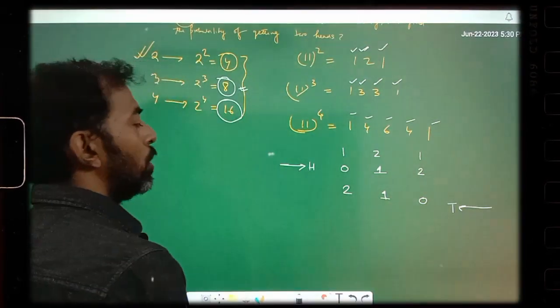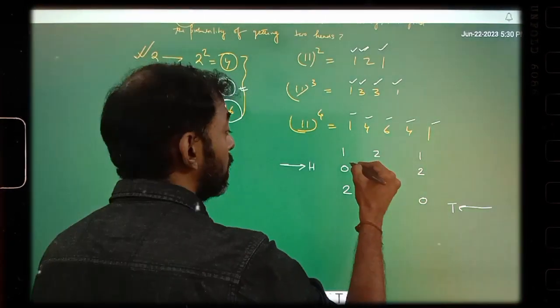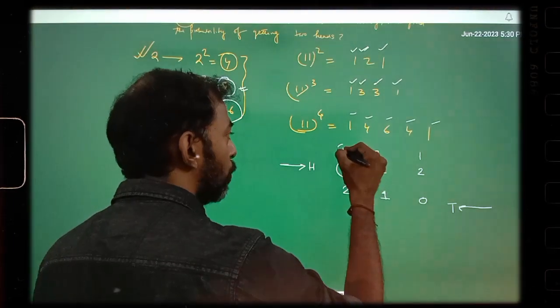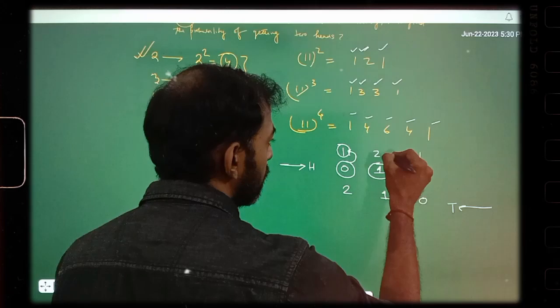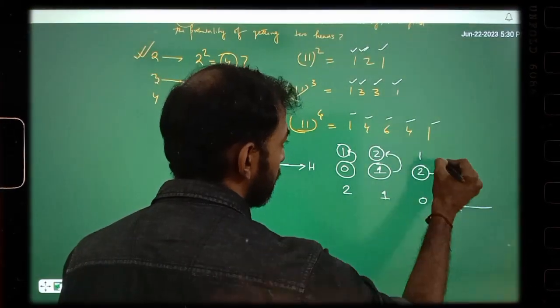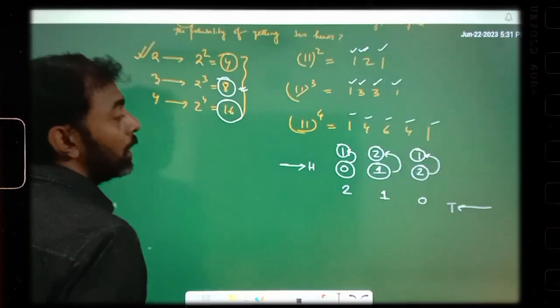What I'm trying to say is that when no heads appear, that is in just one single case. When one head appears, that is in 2 cases. When 2 heads appear, that is in 1 case. That is just for 1 case.